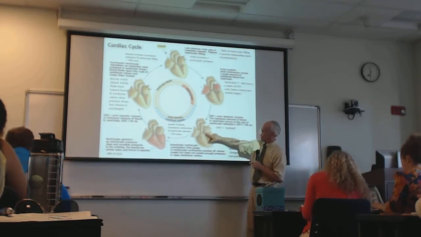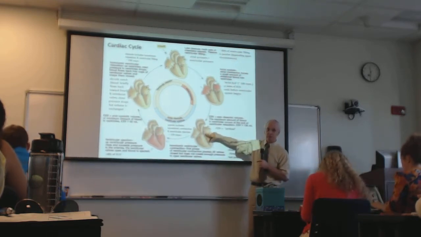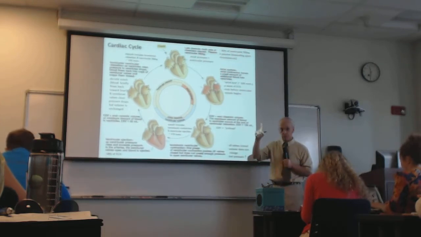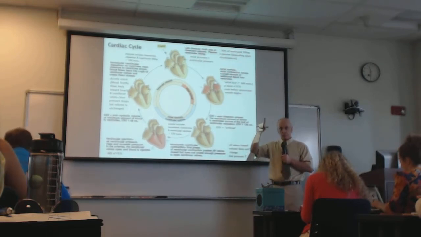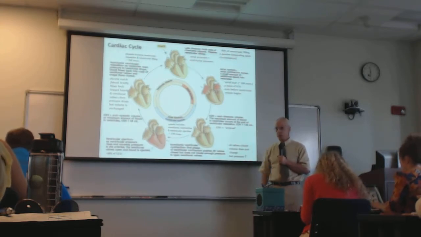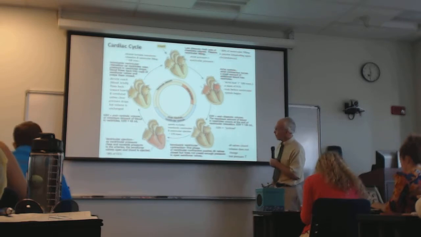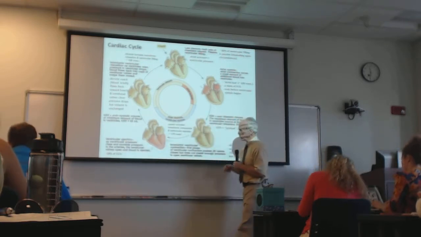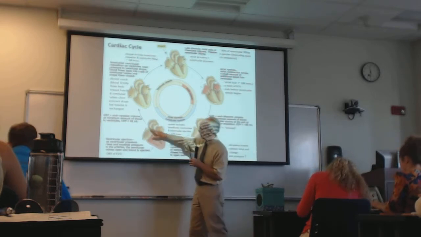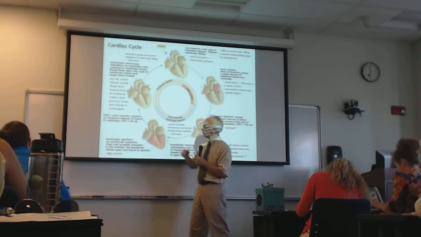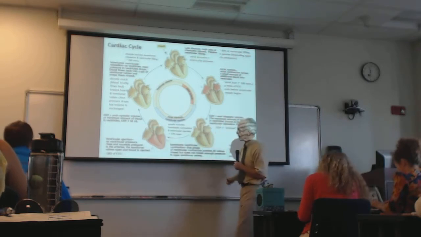And of course, if there is backflow, once again, that's a real serious problem. Remember that principle: the valves allow for flow to occur in one direction, and they open only in response to a pressure. So now in ventricular ejection, the pressure in the ventricle is greater than in the aorta, and blood is then going to be discharged into the aorta.